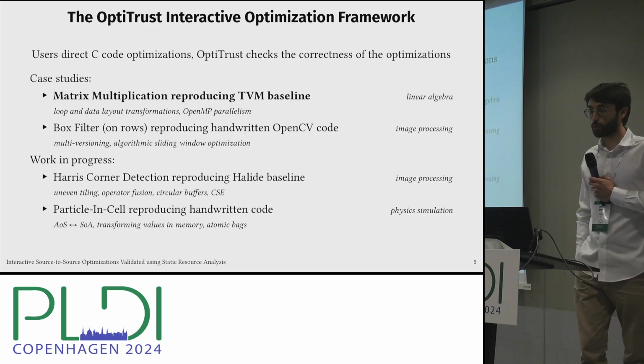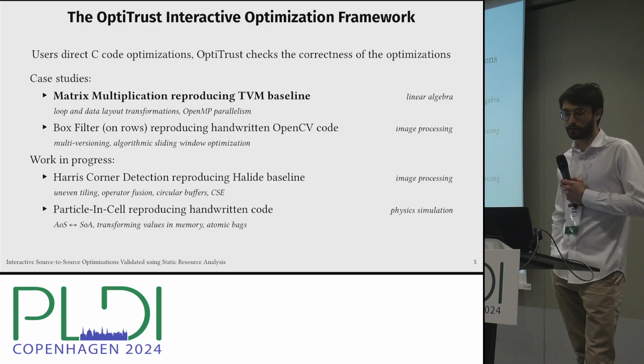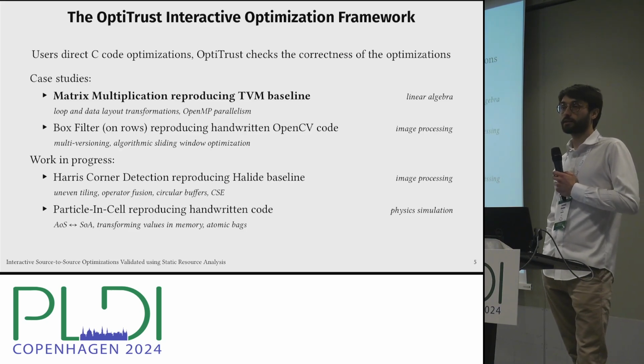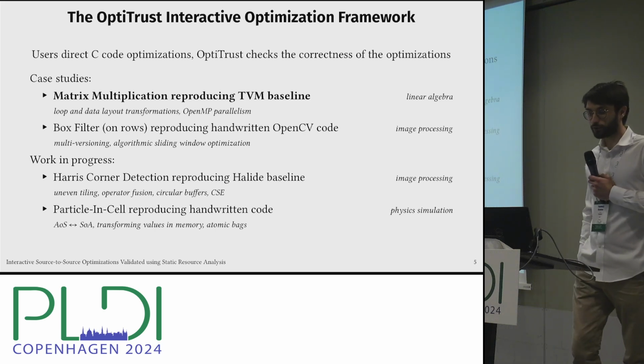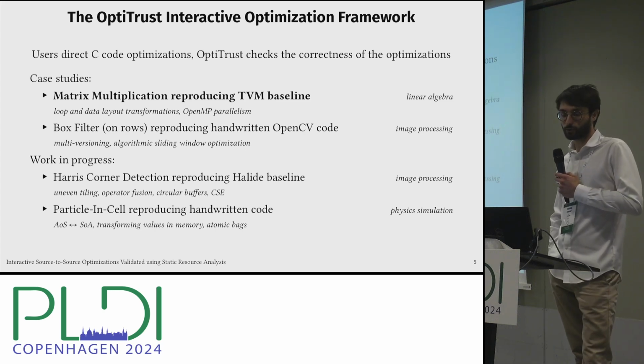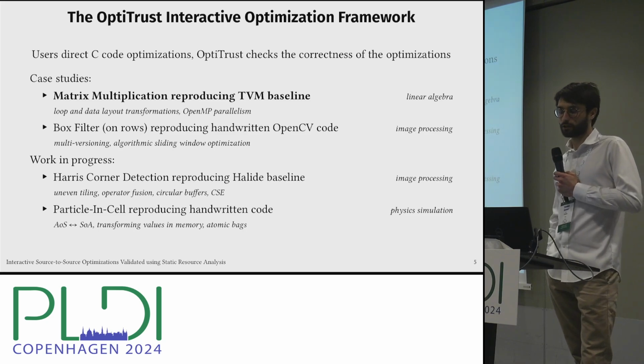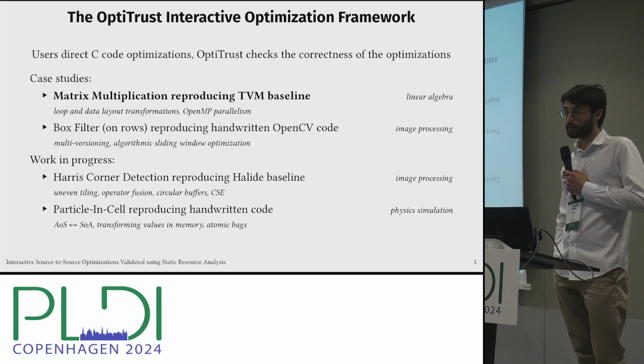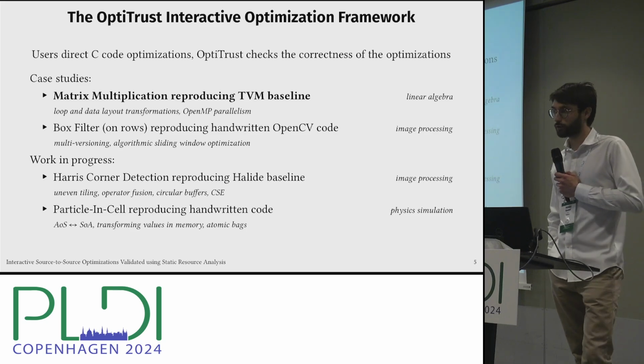So we are working on multiple case studies, and we have 2 case studies that are working right now. The first one is matrix multiplication in the domain of linear algebra. And this is the case study that I will focus on for this talk.